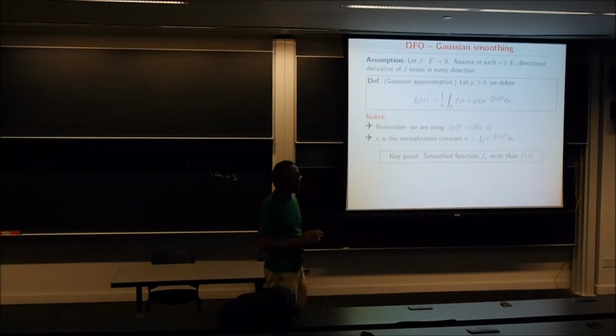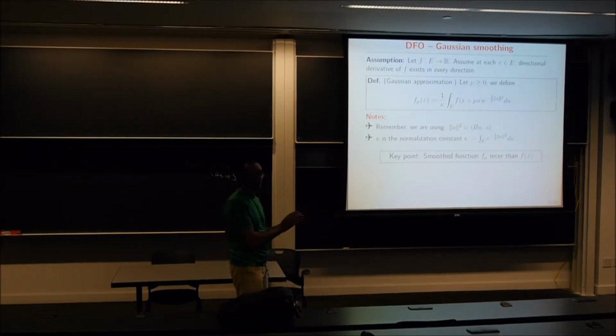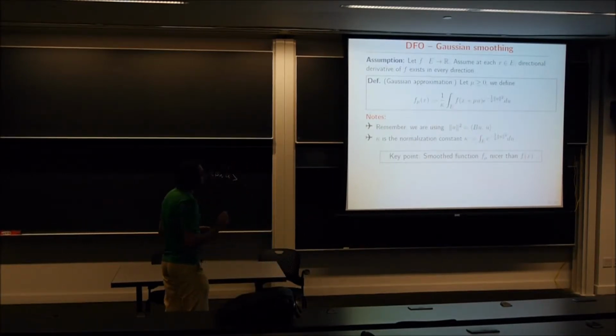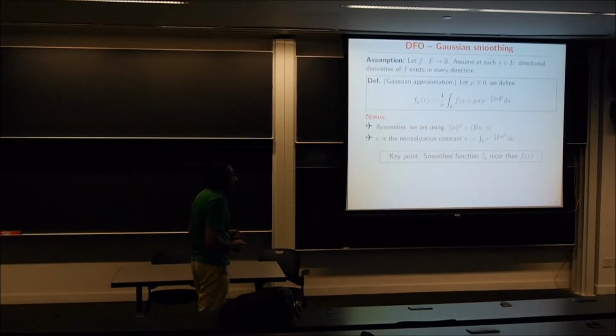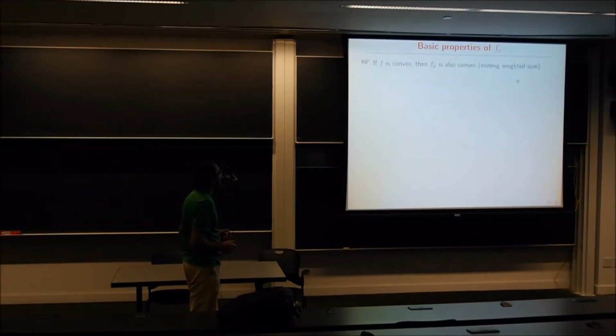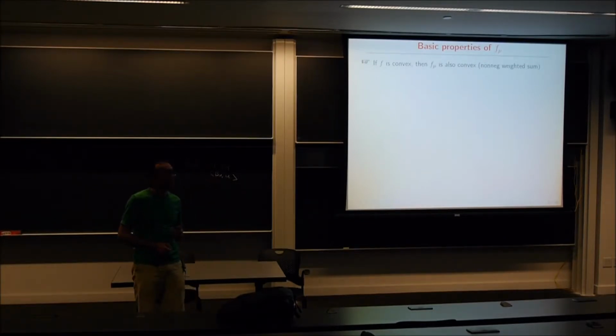We are not assuming access to an oracle that generates subgradients. We are just smoothing it because we are doing DFO. So let's look at why the smooth function is nicer. The first thing: if f is convex, then the smooth function is also convex. That part is trivial for you to prove.